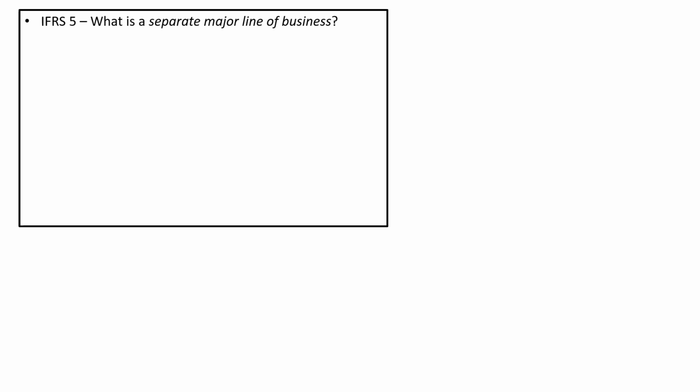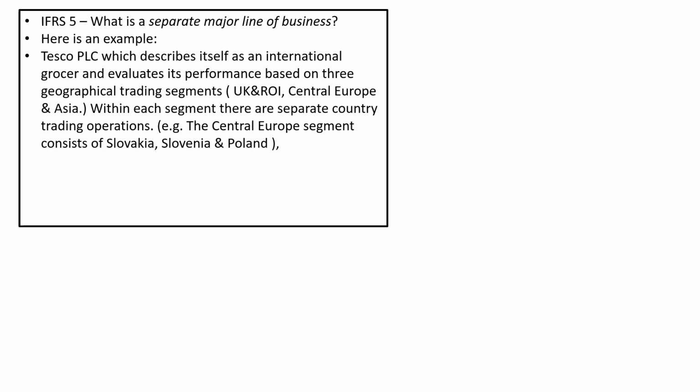We'll look again in our IFRS 5 at what is meant by a separate major line of business, and we'll use an example, Tesco, which describes itself as an international grocer and evaluates its performance based on 3 geographical trading segments: UK and the Republic of Ireland, Central Europe, and Asia. Within each segment, there are separate country trading operations.